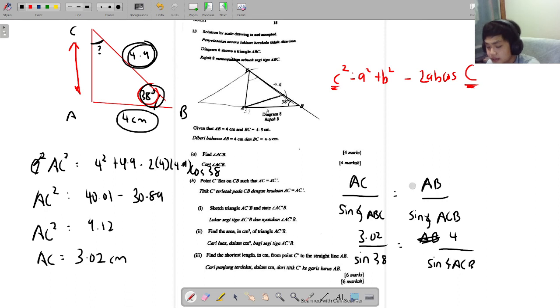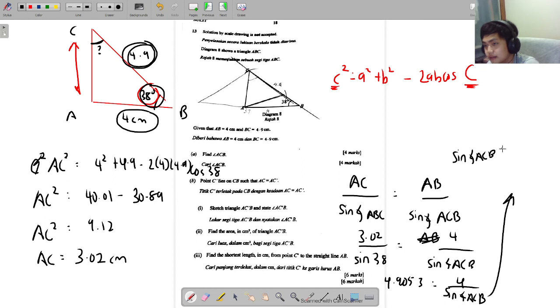So 3.02 divided by sine 38 gives 4.9053, which equals 4 over sine of angle ACB. So sine of angle ACB is 4 divided by 4.9053. I'm going to shift sine the answer after that, just to retain more accuracy. So it will be 54.63 degrees. So I found the first question, part A.